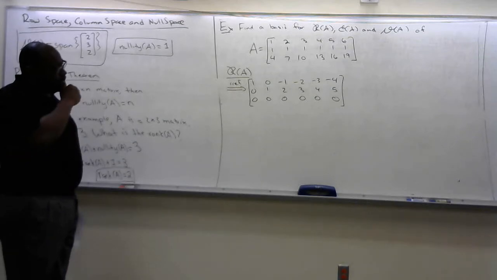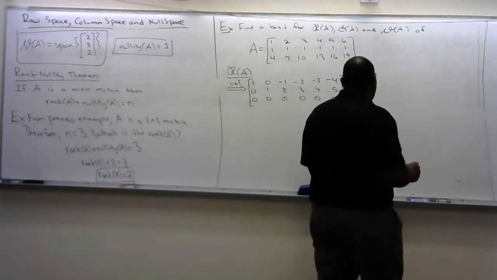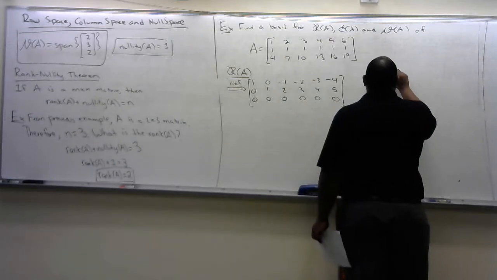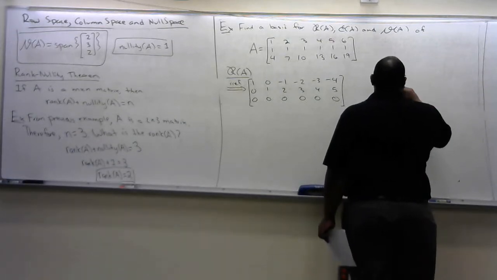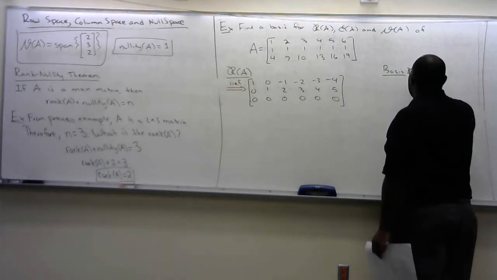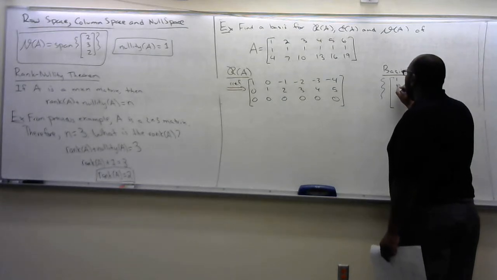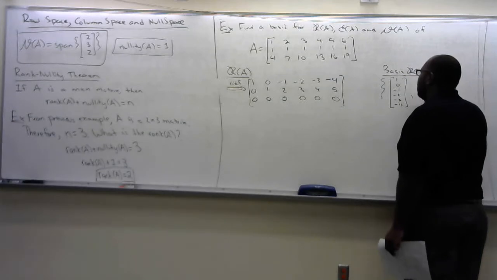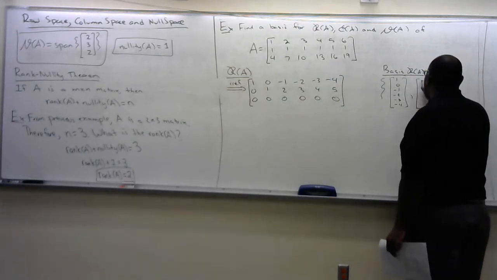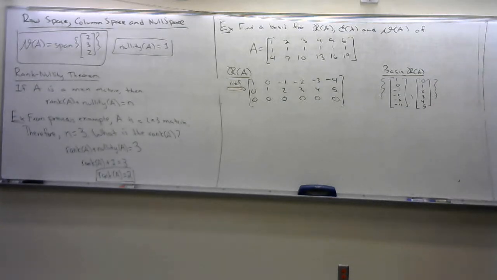So my basis for the row space of A is going to be two vectors. 1, 0, -1, -2, -3, -4, just going down. And the other one is 0, 1, 2, 3, 4, and 5.